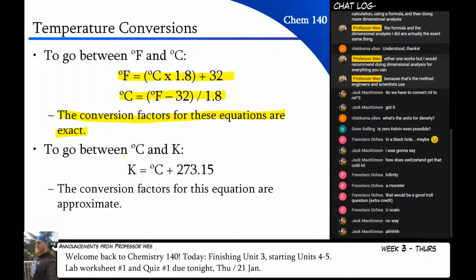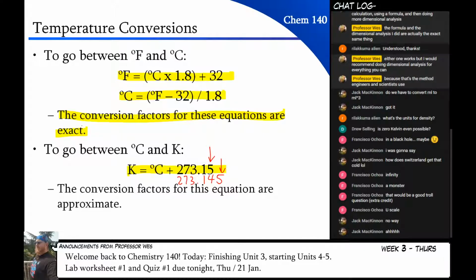But for Celsius and Kelvin, you only get to go down to the hundredths place if you use this expression as written. Now, there are more exact numbers. For example, if I wanted to get the thousandths place, this is actually what I've rounded 273.15 from. So if I wanted to go down to a thousandth of a degree, I would need to use this one instead, and so on.